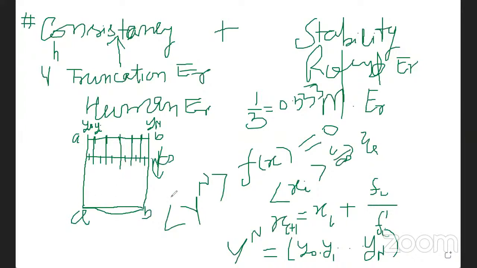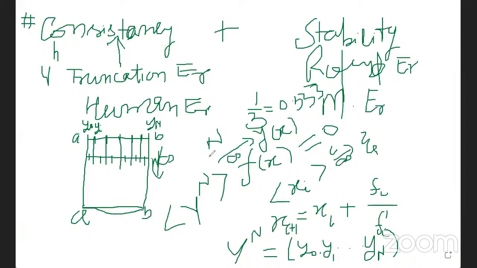Am I right? And this sequence of discrete functions converges to the exact continuous function y(x), which is the solution of the differential equation or initial value problem. Is this clear?